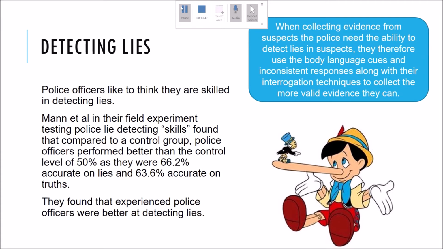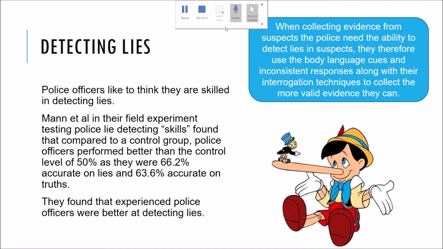Now, when collecting evidence from suspects, the police need this ability to detect whether someone is telling a lie or not. They look for things like inconsistent responses. So have you said one thing in answer to one question, but then said something contradictory in answer to another? And they also analyse things like body language cues as well.